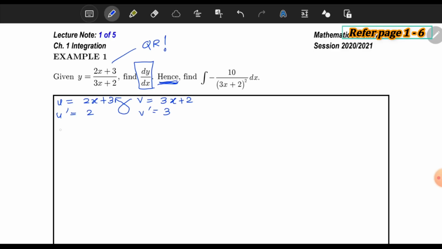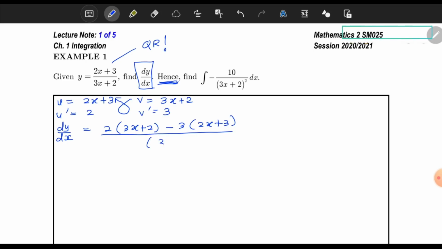Don't forget to cross the answer here. Therefore, we have dy/dx equal to 2 times (3x plus 2), and minus, for the quotient rule, we have minus 3 times (2x plus 3), divided by v squared, (3x plus 2) squared.